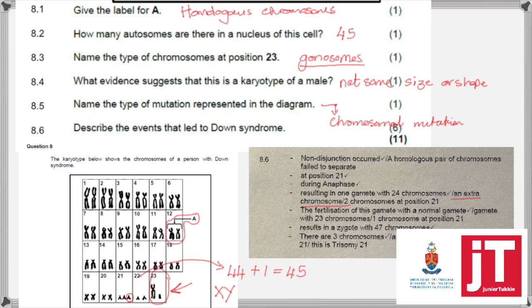Where we would have had 23 pairs of chromosomes for our zygote, we now have 23 pairs plus an extra chromosome at position number 21. So we've got a total of 47 chromosomes in our zygote. Okay, and that is the answer to question 8.6.